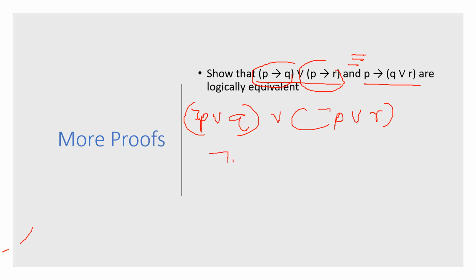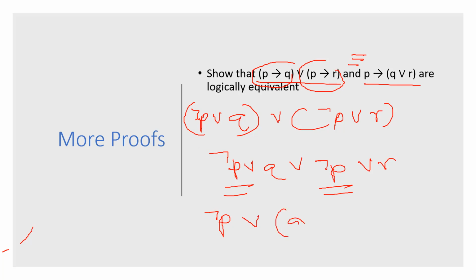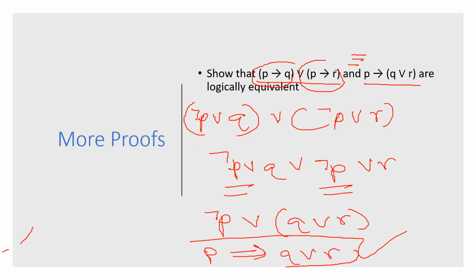Okay, so now we have not P or Q or not P or R. So I can take not P, combine them to get just a single not P, and then I will put the Q and R together. Now going backwards, we know this means P implies Q or R. We're done. So this is what we were trying to prove.